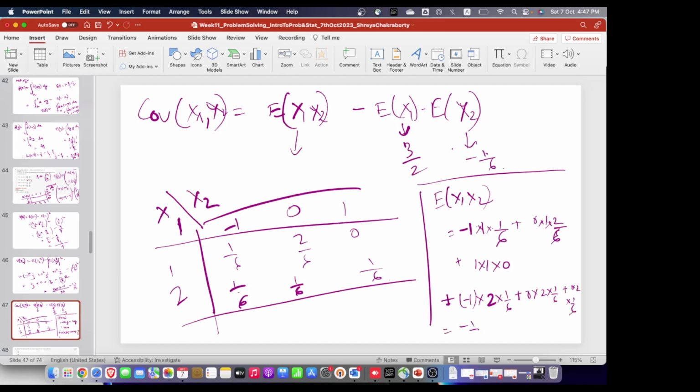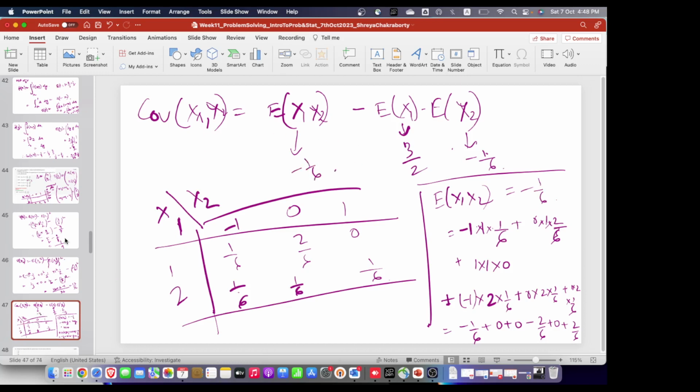See, this is minus 1 by 6 plus 0 minus 2 by 6 plus 0 plus 2 by 6. So this will be minus 1 by 6. So expectation of x1, x2 is minus 1 by 6.